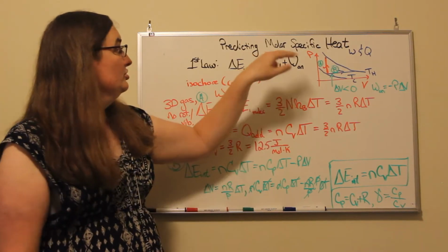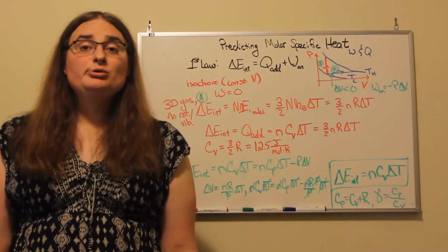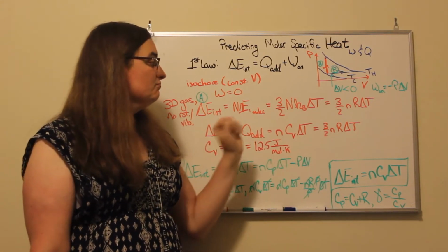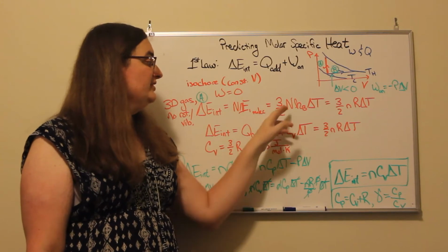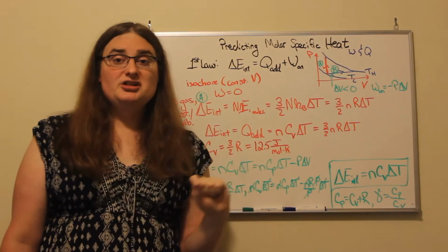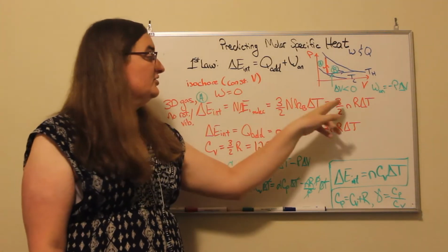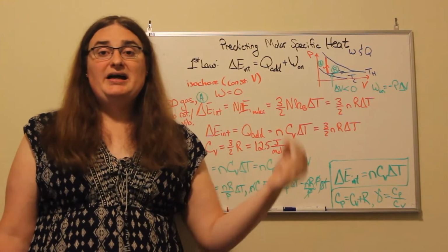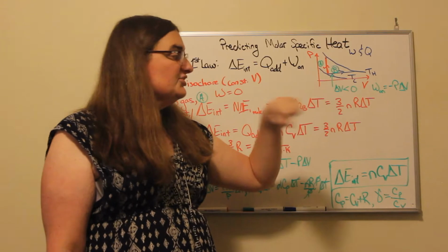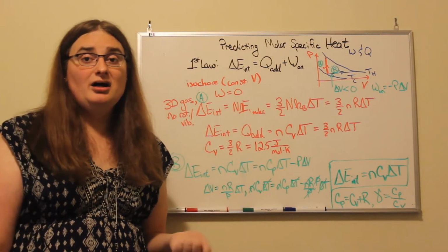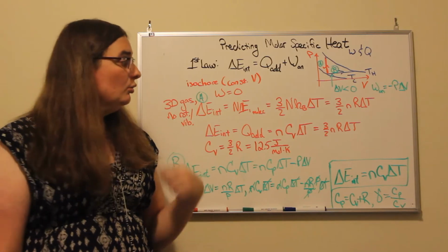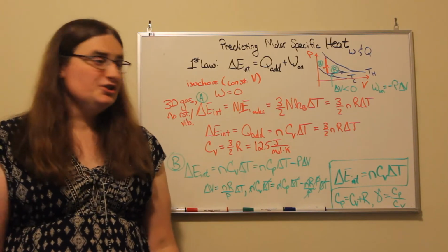And since we're going to be talking about moles and molar specific heat, Avogadro's number can factor in here. We divide Avogadro's number into the total number to give us the number of moles. We multiply Boltzmann's constant by Avogadro's number to give us the universal gas constant, R, which is about 8.31 joules per mole per Kelvin of thermodynamic temperature.